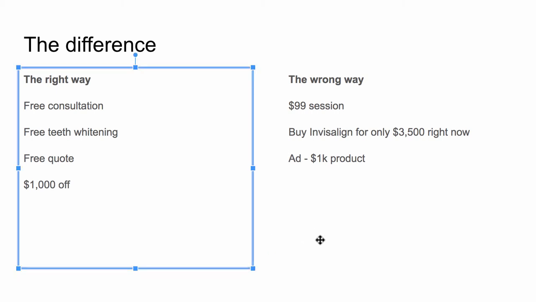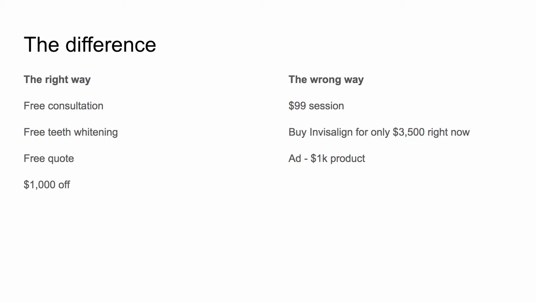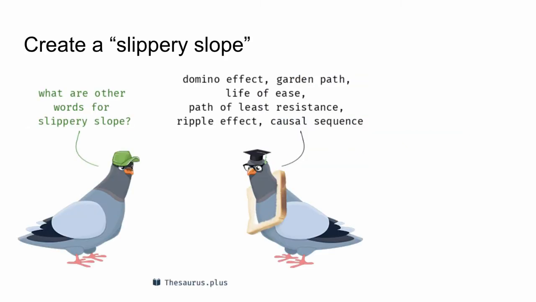So for this training program you're in right now, if my initial ad took you to the sales page and said, hey, buy this product right now, instead of taking you to a free webinar training, probably none of you would be in this program. So you've got to provide value up front and create what's called a slippery slope. A slippery slope is where you get them to take one action and then it's easier and easier to take the next actions.